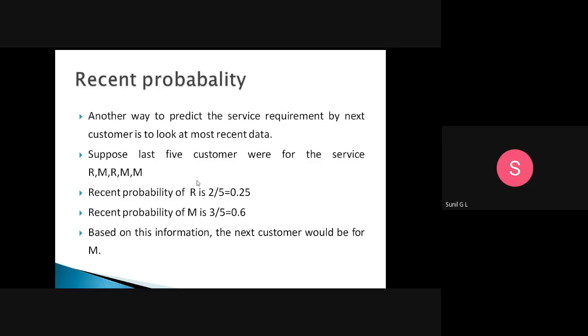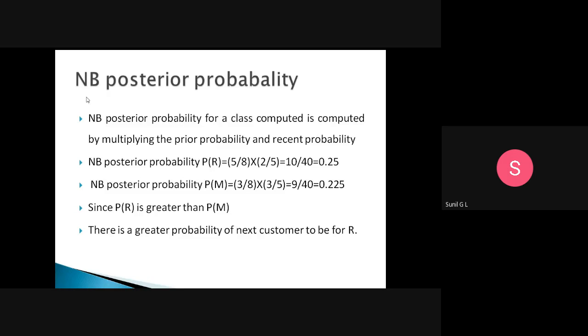So now we have the prior probability and the recent probability. You see the difference now. Prior probability is based on past data, and recent probability is based on the most recent data. Now we will look at the Naive Bayes posterior probability.